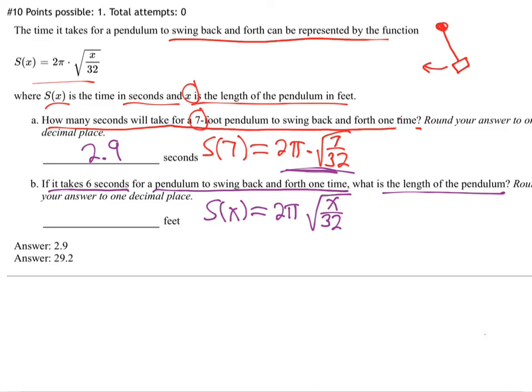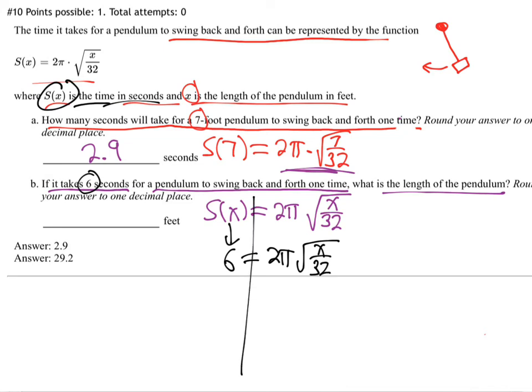And they're telling us that it takes 6 seconds. Well, s of x is the time in seconds. So they're saying this whole s of x is 6. And they want me to solve this equation for x.